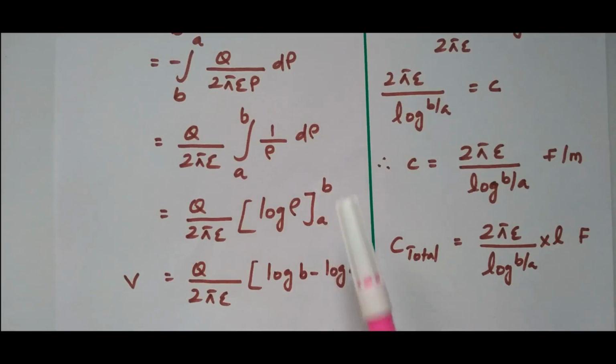Upper limit minus lower limit, while substituting. So what we got is V equals Q divided by 2 pi epsilon, log b minus log a.